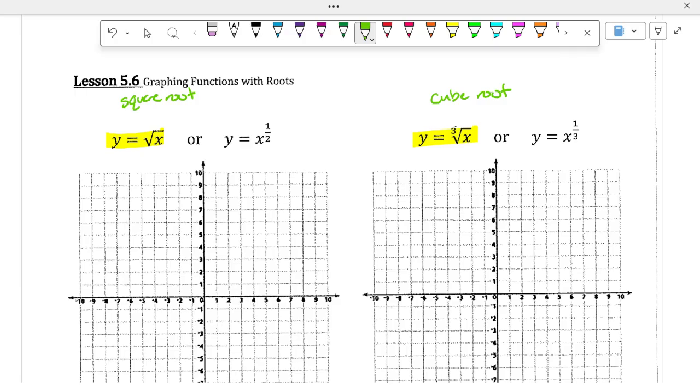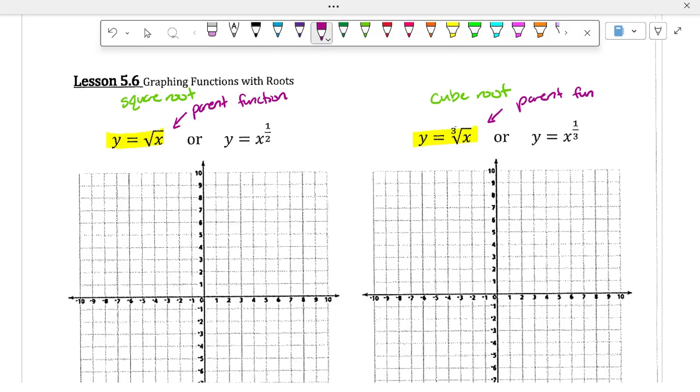What is that called? We talked about this with quadratics. Parent function. Right. It makes these both the parent functions.